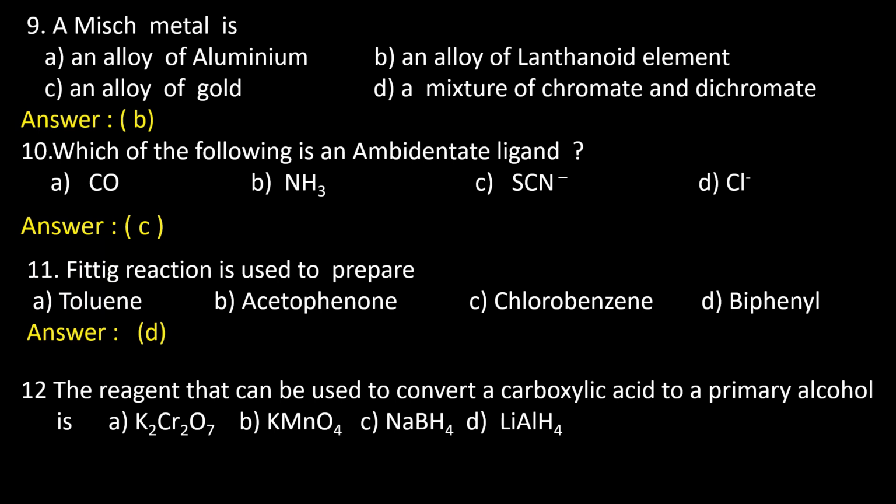Here K2Cr2O7 and KMnO4, these are the oxidizing agents, so they cannot be used, and NaBH4 will not reduce the carboxylic acid to primary alcohol. So the correct option is the D option, that is LiAlH4.